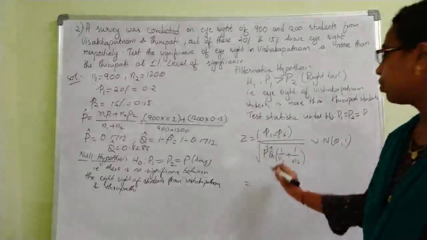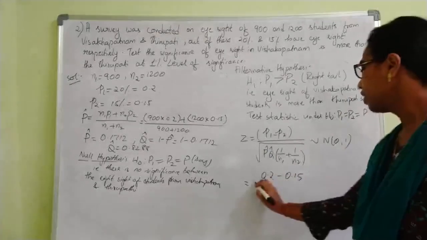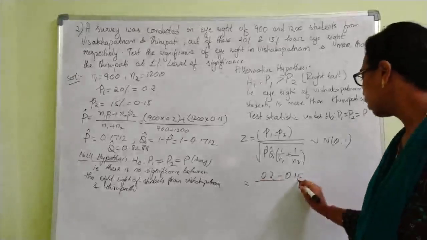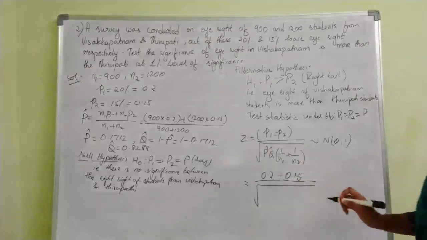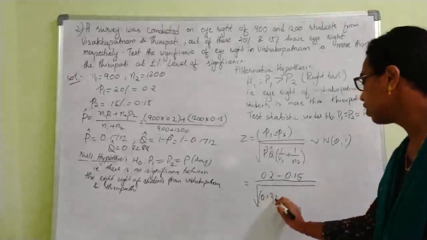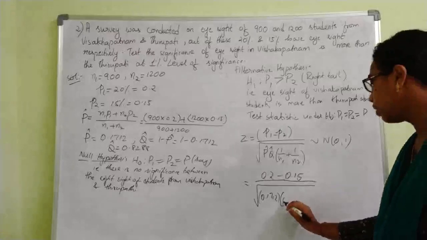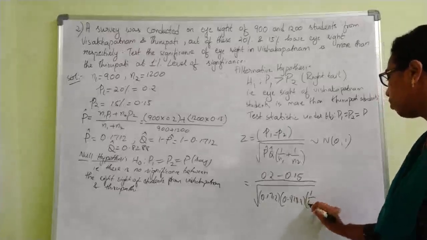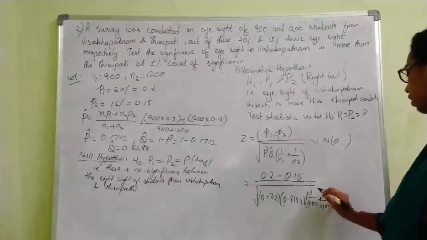Now substitute the values. What is proportion P1? 0.2 minus P2 is 0.15, divided by square root of P hat. What is the P hat value? 0.1712 into Q hat is 0.8288 into 1 by N1 900 plus 1 by N2 1200.